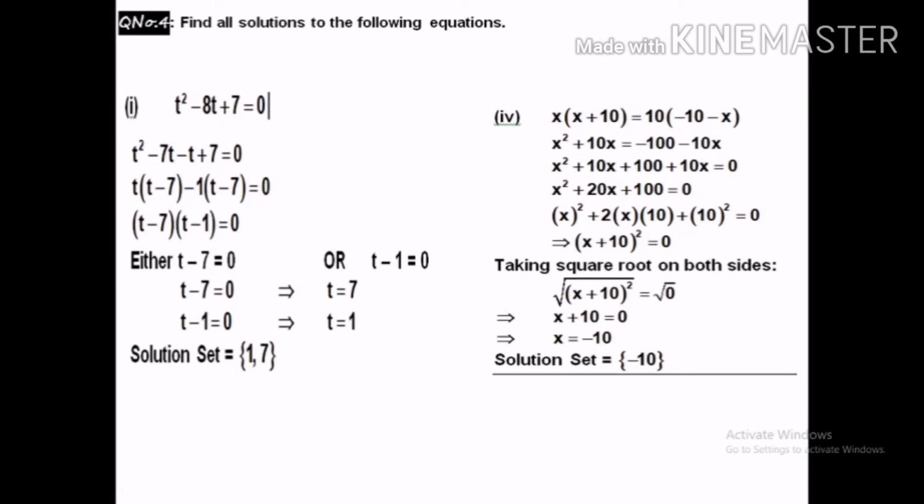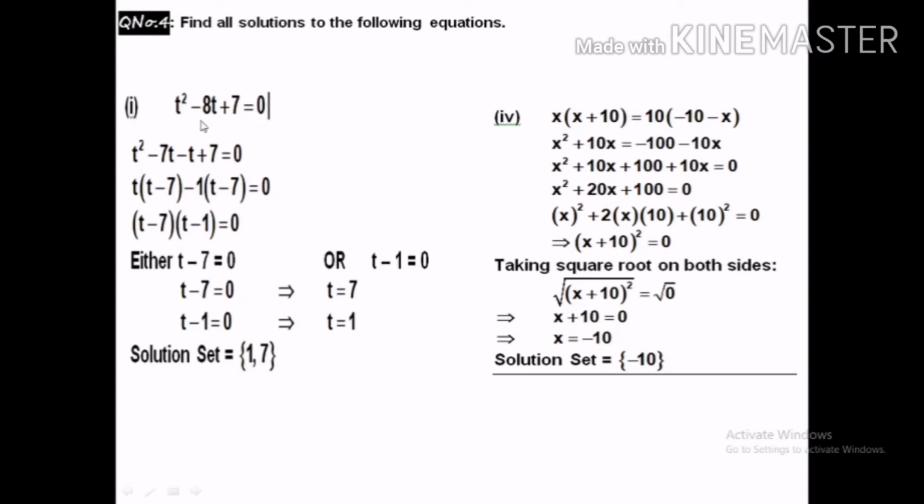Next, question 4. Find all solutions to the following equations. All solutions means solve the equation for the given variable. So here the variable is t. We solve this equation for the variable t by any method. We can apply any one of the three methods: factorization, completing the square, and quadratic formula.